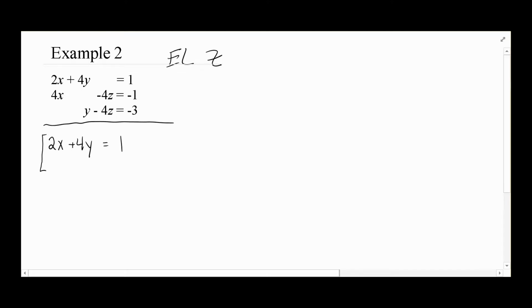Now let's look at the other two equations. I need to somehow get rid of the z's from them. So the best way to do that is going to be to multiply one of them by -1. So that means off in scrap paper land, I'm going to copy down that original second equation.